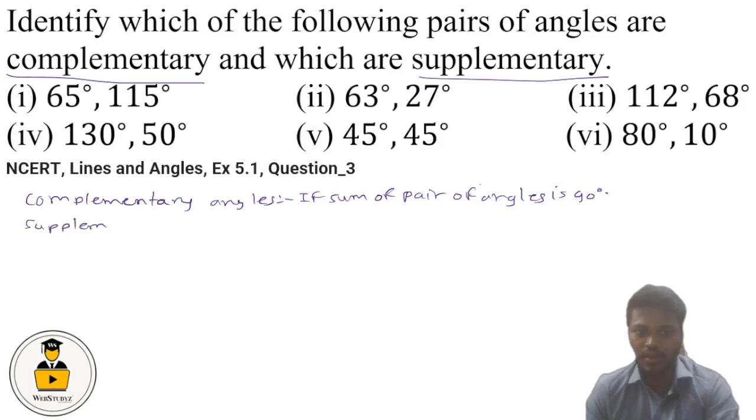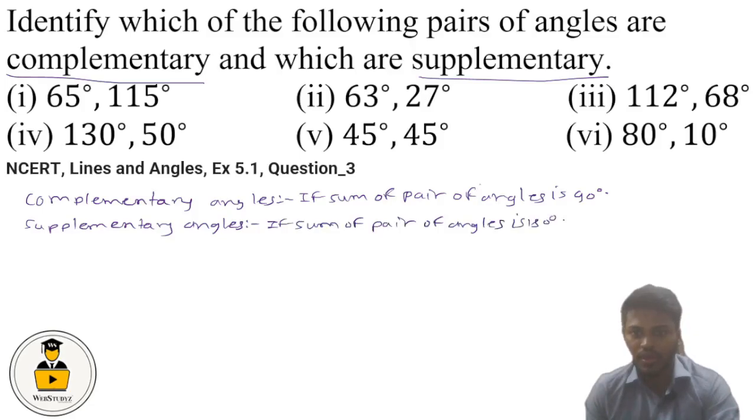And for supplementary angles, if the sum of a pair of angles is 180 degrees, then we call such a pair of angles supplementary angles.